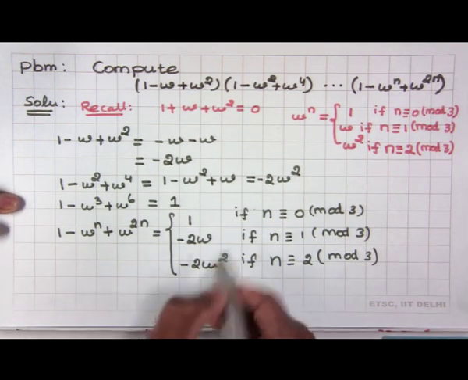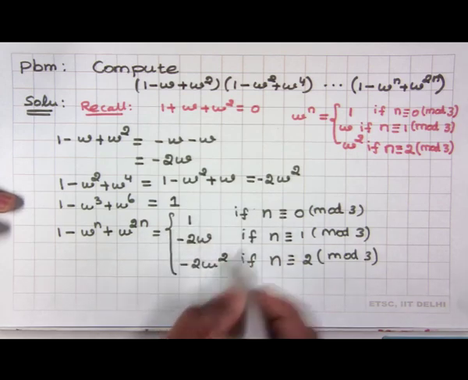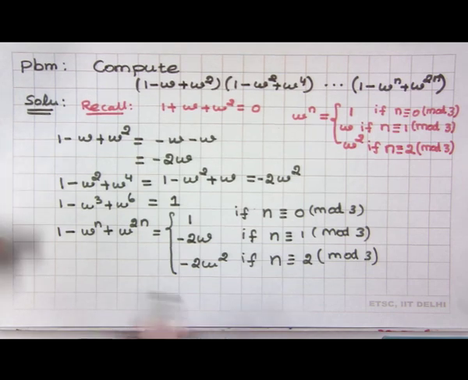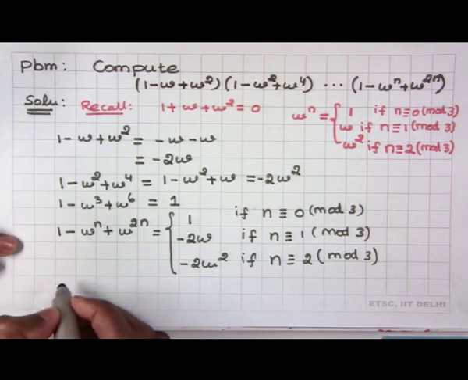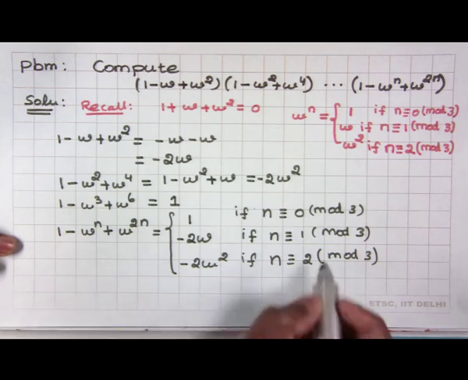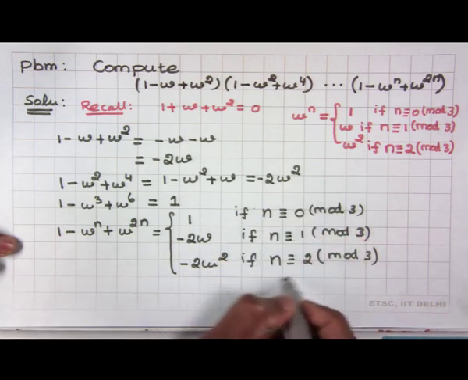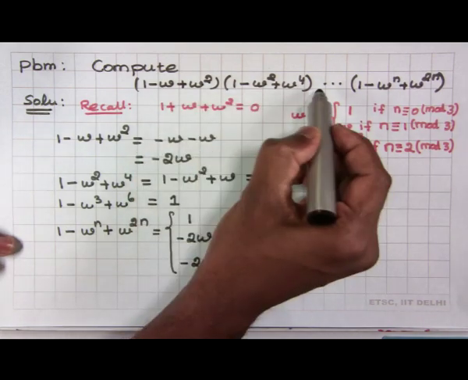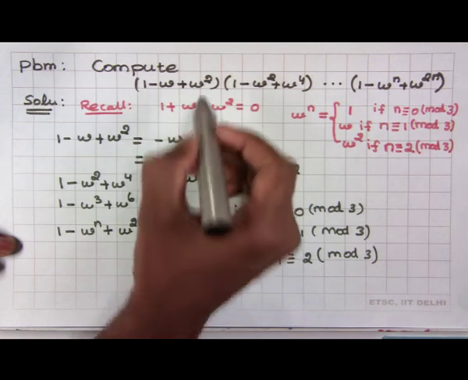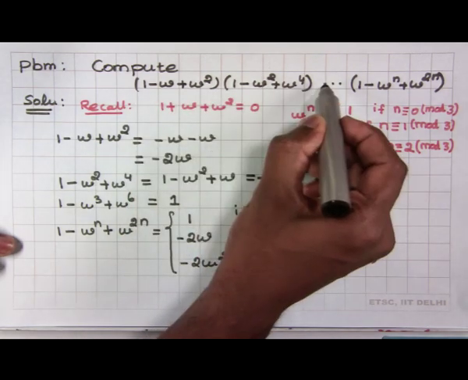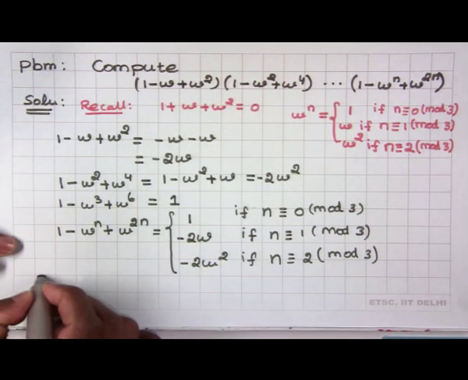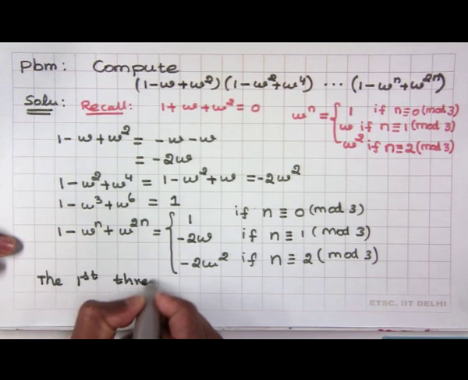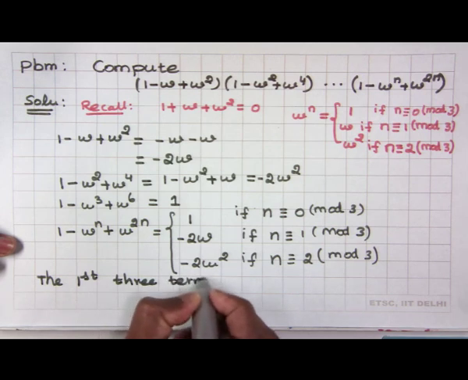So, with this observation, now the product becomes simple. By this observation you can combine 3 terms consecutively, which means consider the first three terms product.